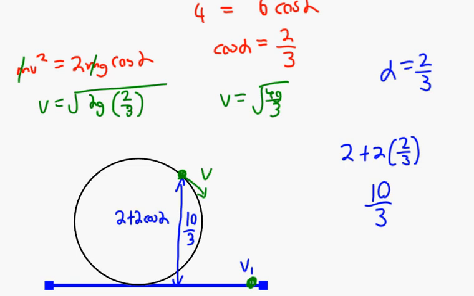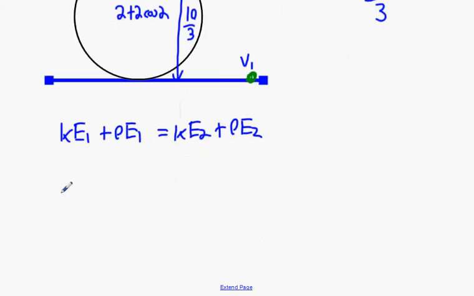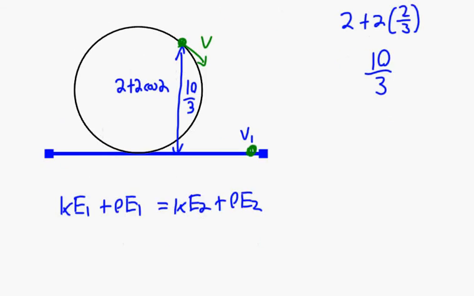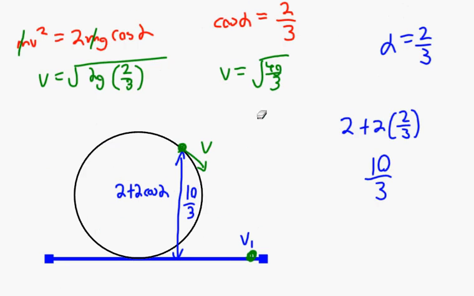Okay, so we do what we did last time. KE1 plus PE1 equals KE2 plus PE2. So what we're going to get is your kinetic energy at the start is a half mv squared, but we know the v value, don't we? What's the v value? V is the square root of 4g over 3. Therefore, v squared is 4g over 3.